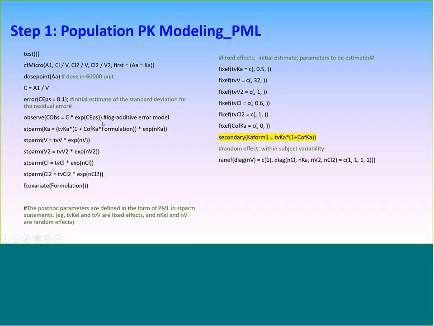Like in the previous slide, we already coded the IR as 0. So the secondary code right here is to calculate the absorption rate constant for the ER coded as 1. By the time we finish our run, we have the result of the Ka for both IR and ER.